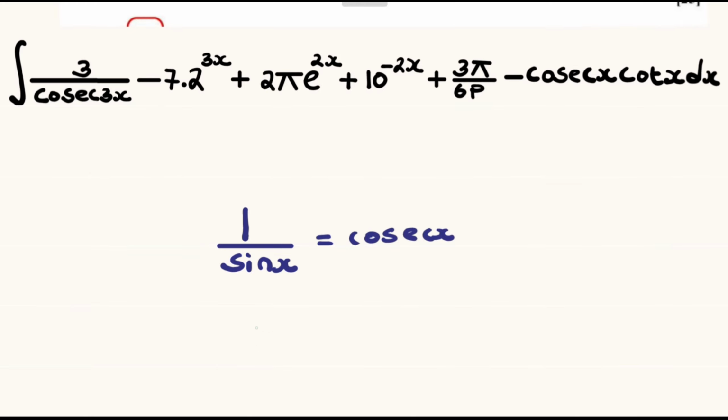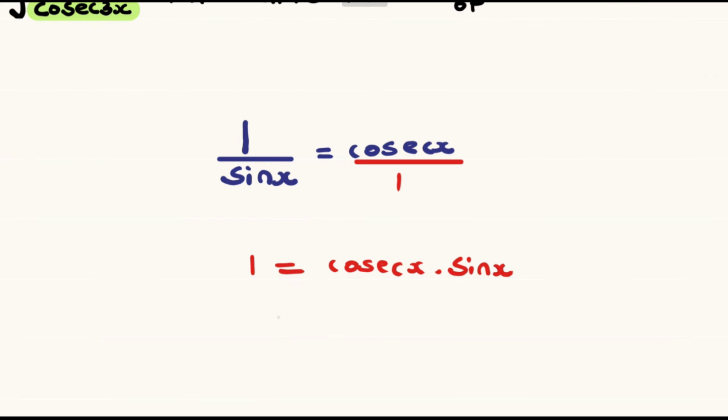When we cross multiply, remember that the cosec x is divided by 1. We get 1 is equal to cosec x multiplied by sine x, dividing both sides by cosec x. Sine x will be equal to 1 divided by cosec x.